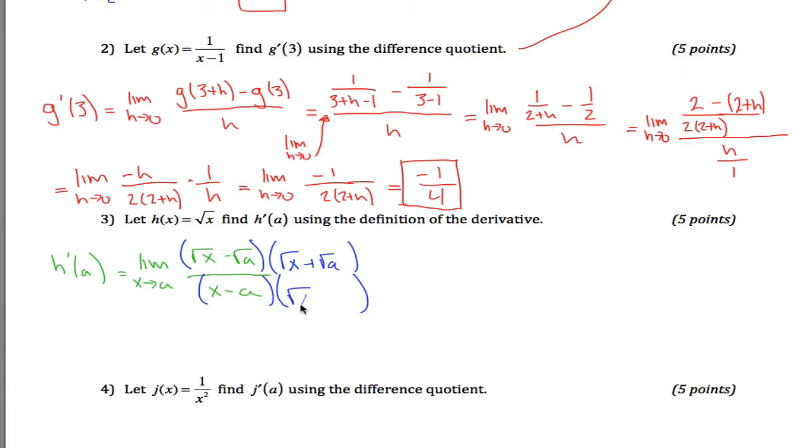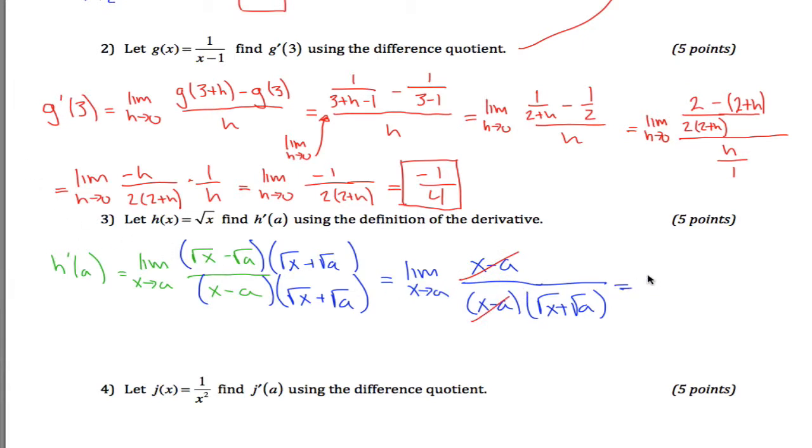We've done this enough times in class that hopefully by now you knew that. If you FOIL out the top here, what you're left with is just x minus a. And on the bottom, you don't have to FOIL this out. In fact, you don't want to FOIL this out because this x minus a and this x minus a cancel.